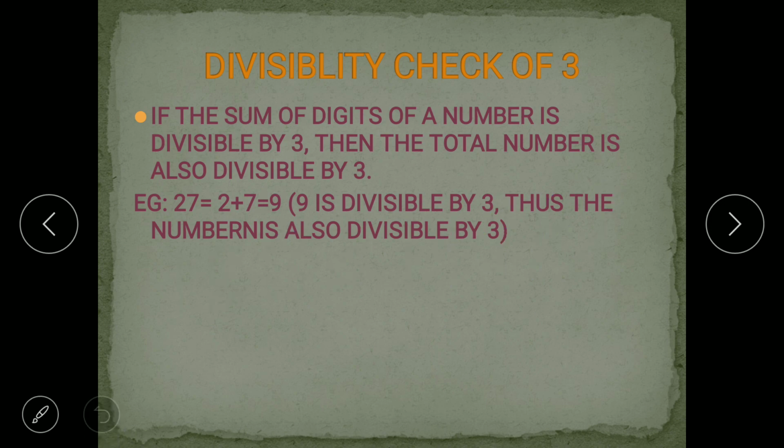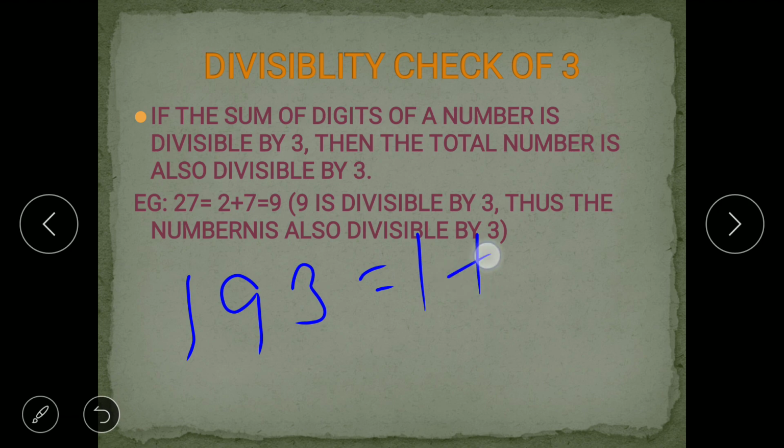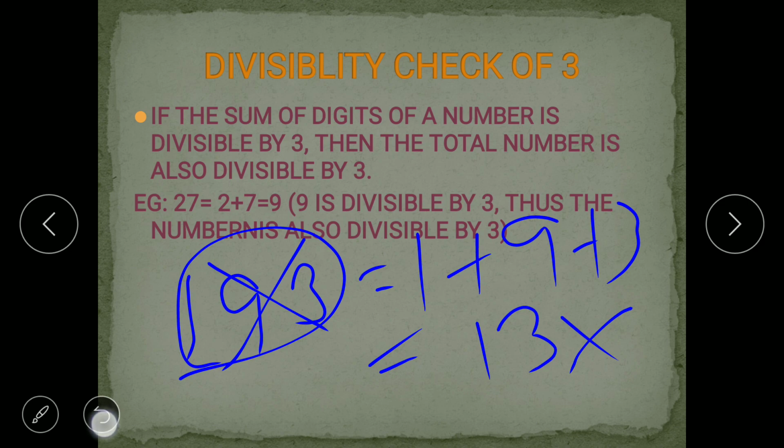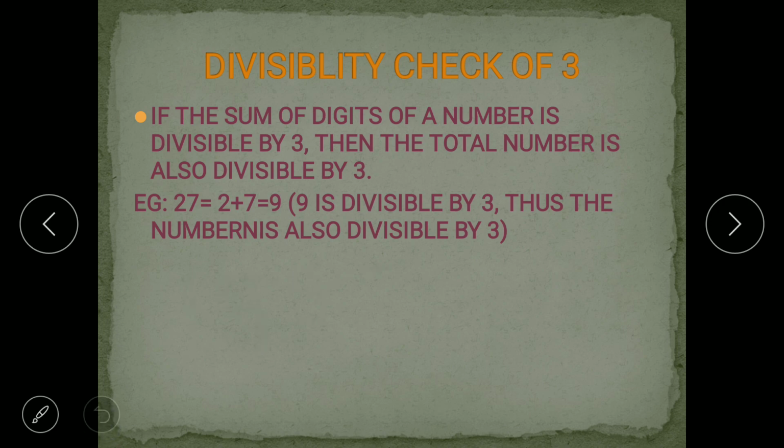Now, if the number is 1, 9, 3, add them. 1 plus 9 plus 3 gives you 13. Is 13 divisible by 3? No. So this number is also not divisible by 3. Clear? Now, this was our first approach to just sum up the digits of the number and then check its divisibility by 3.